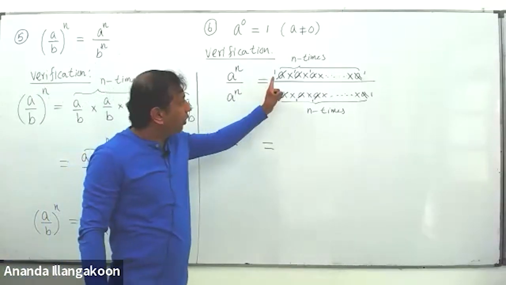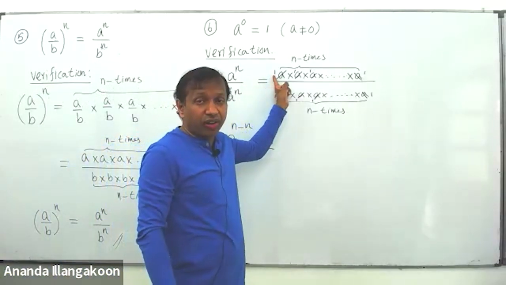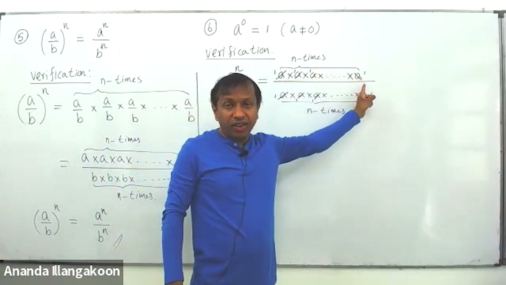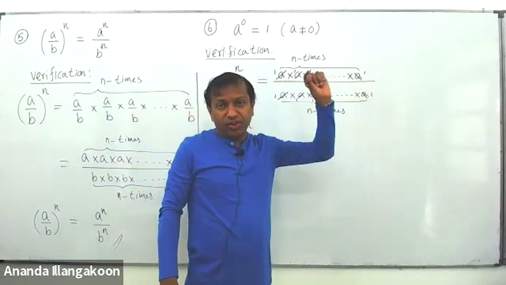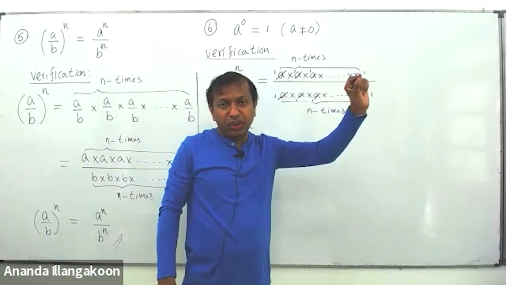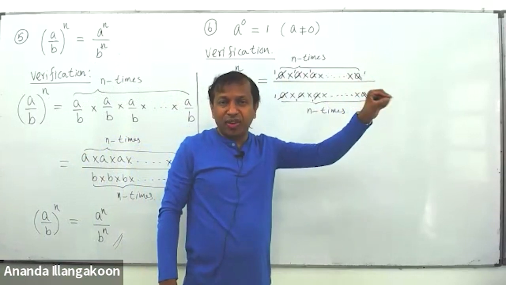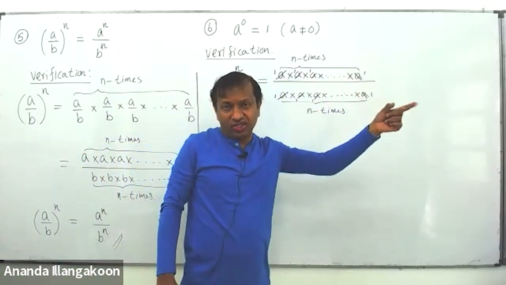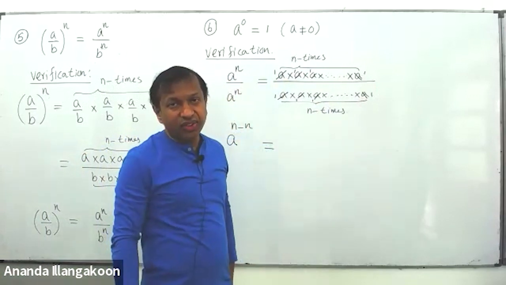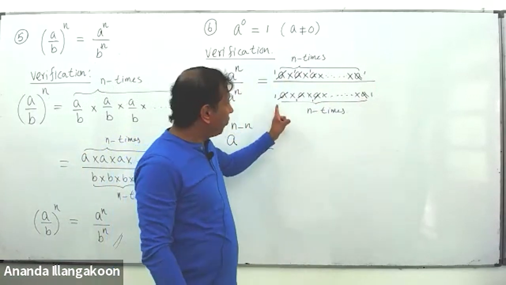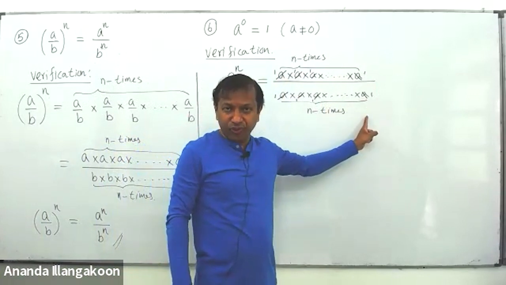Then in the numerator we have, people, this 1 multiplied n times. 1 into 1 into 1 into 1. People, when we multiply 1 any number of times, the answer is, people, what? The answer is 1. Denominator also the same, 1.